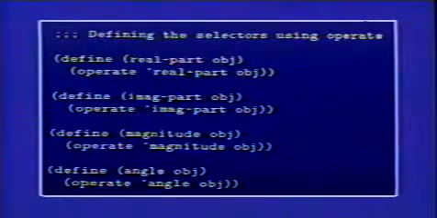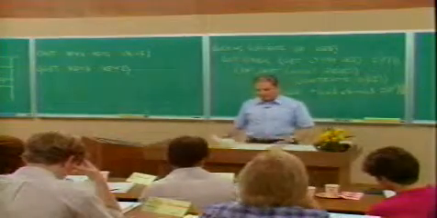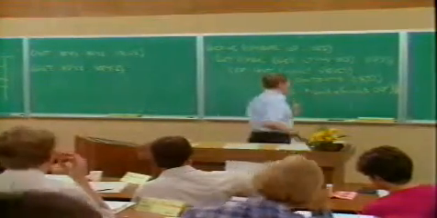Similarly, imaginary part is operate using the name imaginary part, and likewise magnitude and angle. That's our implementation. That plus the tape plus the operate procedure and the table effectively replaces what the manager used to do. Let's just go through that slowly to show you what's going on.